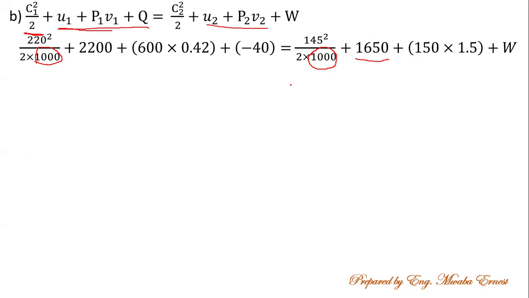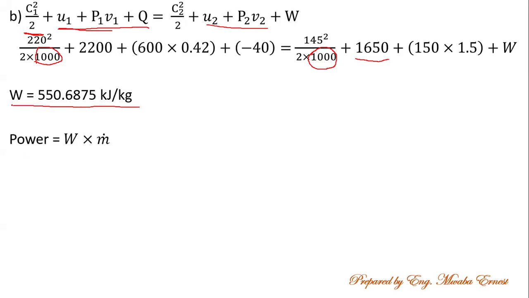So what happens when you enter this in your calculator, making W the subject of the formula, this is what you find. But the question did not ask for work. The question was asking for power. So with work per kg being given, you can now say power: you multiply the mass flow rate by the work that you found.